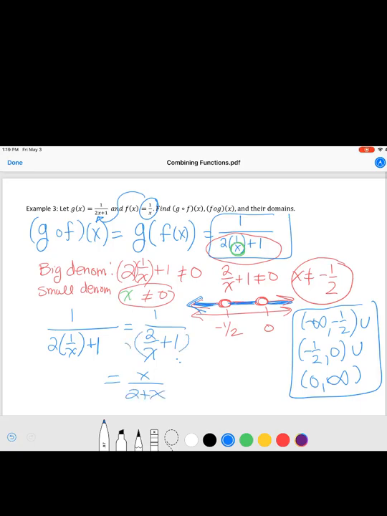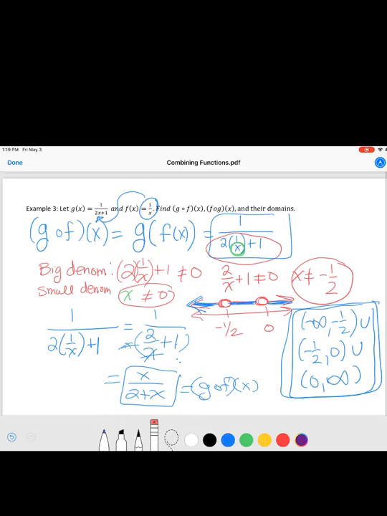Because when I multiply this by x, those x's go away, and x times 1 gives me x. So this is my answer that's simplified. So this is my g of f of x. And then this is my domain written in interval notation.